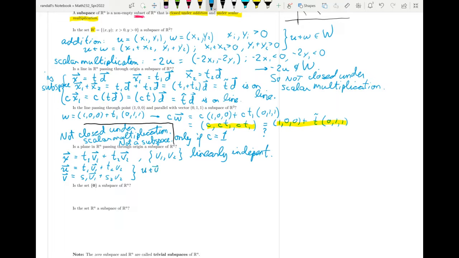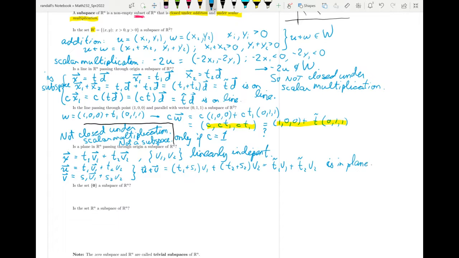U plus V is going to be, I can group together these scalars, T1 plus S1 multiplying V1 and T2 plus S2 acting on V2, which I'll write as T1 tilde V1 plus T2 tilde V2, and I see that it is in the plane.